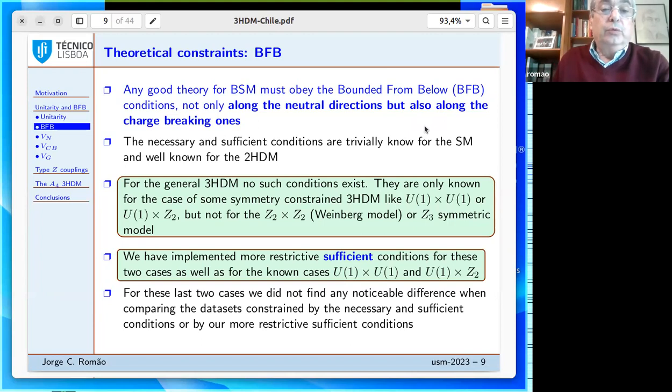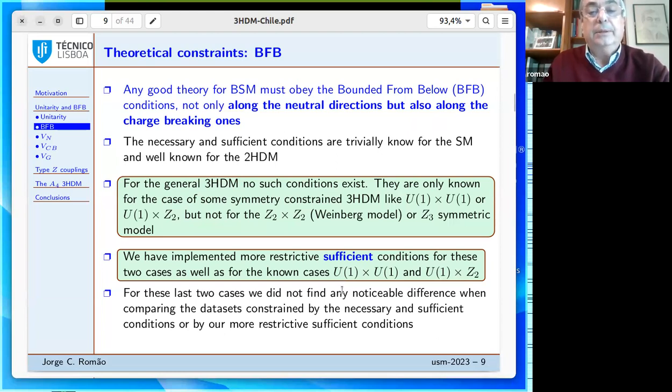Now, to circumvent this problem, we have implemented more restrictive sufficient conditions that allow us to be sure that our points in parameter space are all okay, although by being sufficient, we can be throwing away some of the relevant parameter space. For instance, we also did this for these two cases where the necessary and sufficient conditions are known.